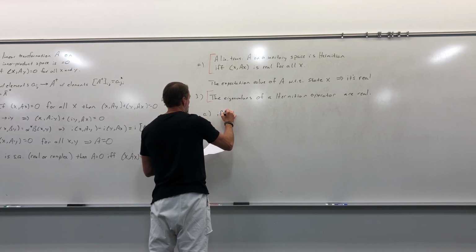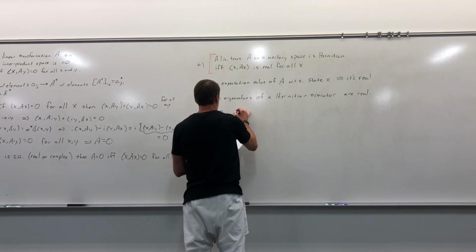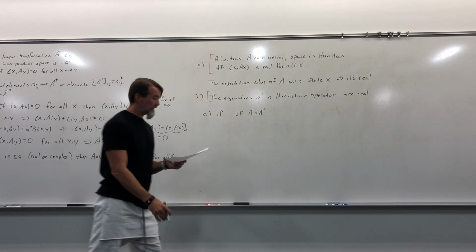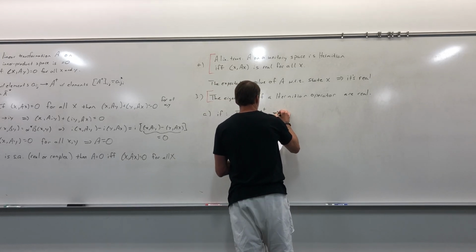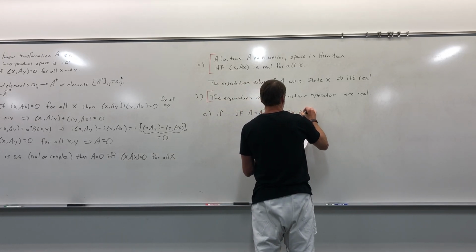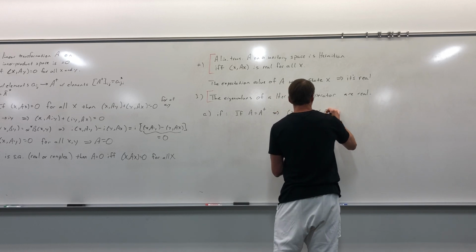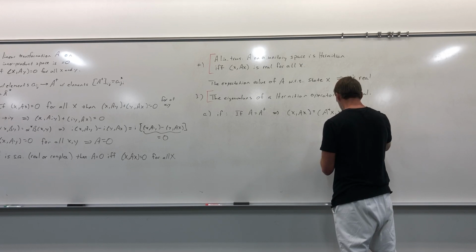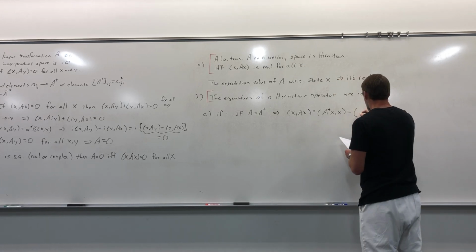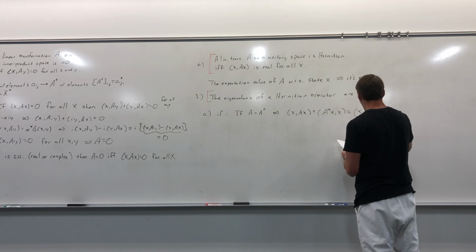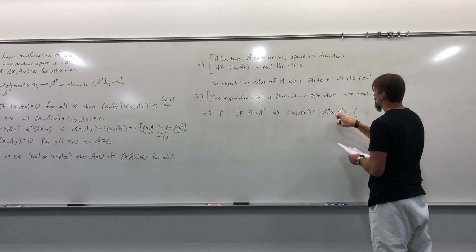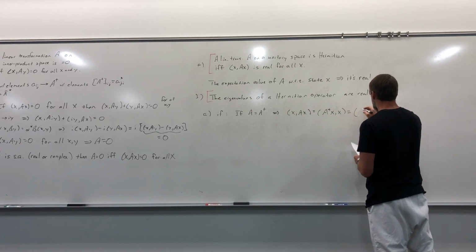So for A, for the if, we have if A equals A dagger, if it's Hermitian, then <x, Ax> equals, and we can use the definition of self-adjoint, which a Hermitian operator is, this is <Ax, x>.